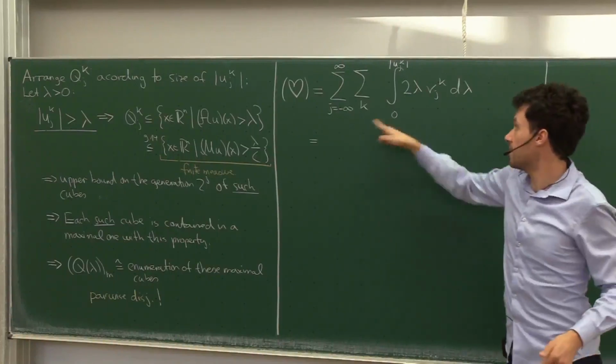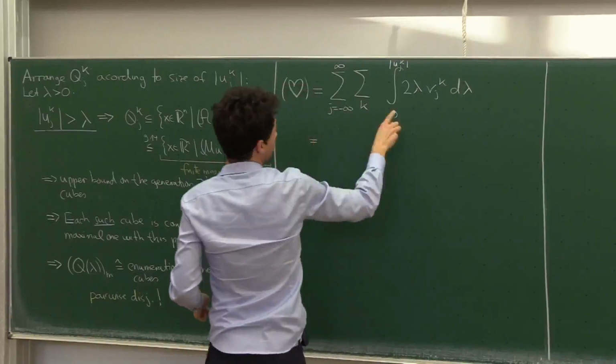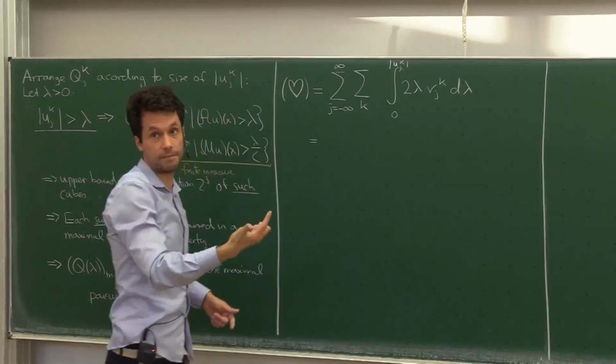And if you want to pull the sum in by monotone convergence, because all is positive, the only thing you have to do is write this integral as an indicator function.